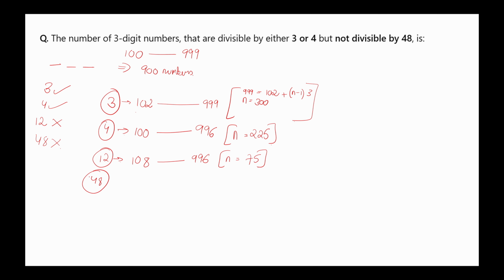Now similarly for 48, I will find out what is my first term. 144 is my first term which is divisible by 48. And what is going to be my last term divisible by 48? Let's see if 996 is divisible by 48 or not.